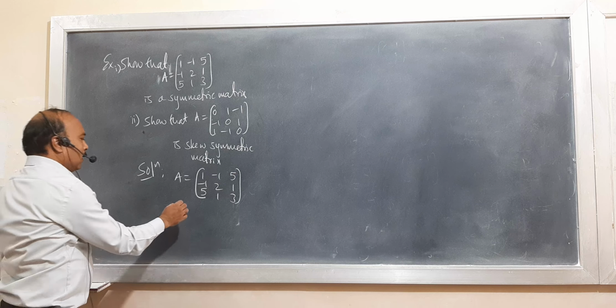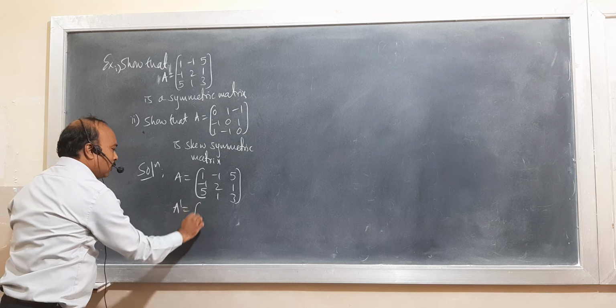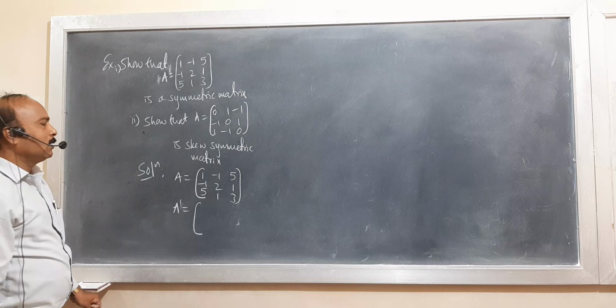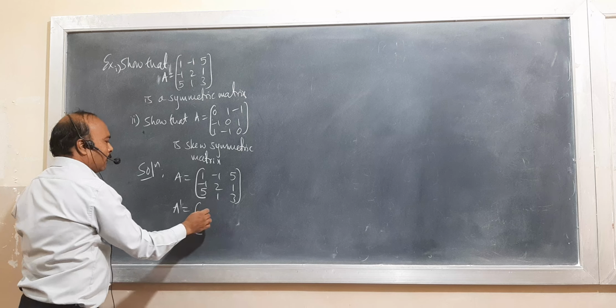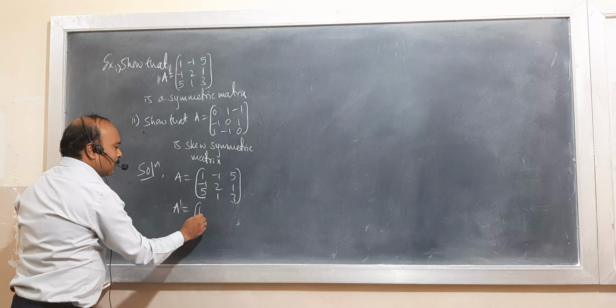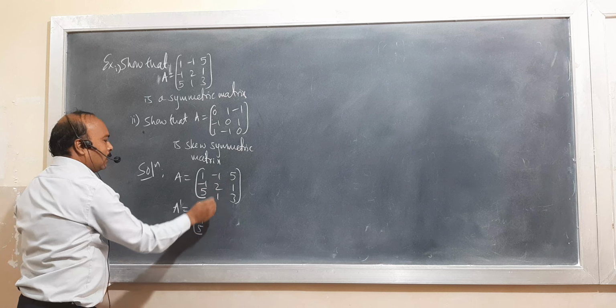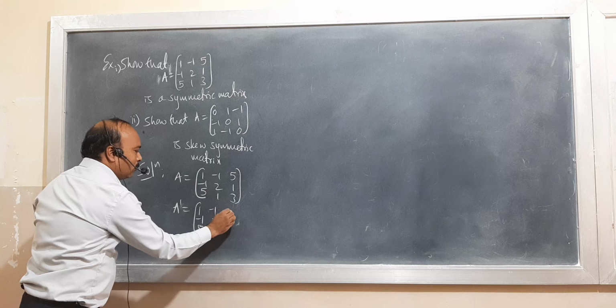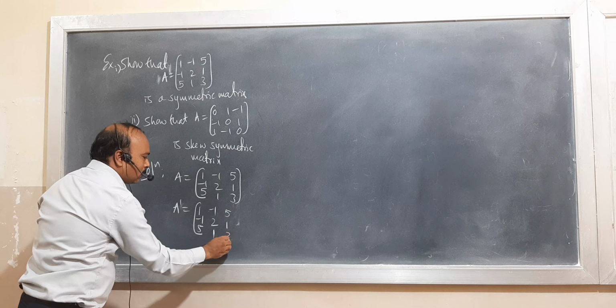Then you go for A dash, that is the transpose of A. Transpose of A is changing rows into columns and columns into rows. 1 minus 1 5 you change into a column, that is 1 minus 1 5. Second, minus 1 2 1. Next, 5 1 3.